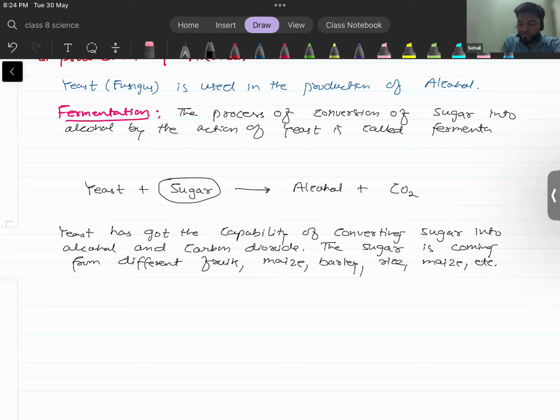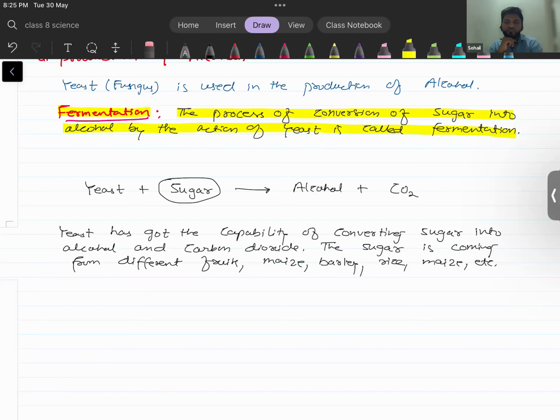Read the definition. Yeast has the capability of converting sugar into alcohol and carbon dioxide.